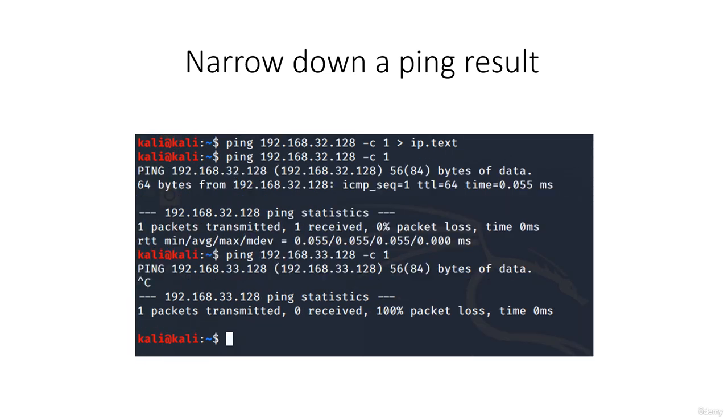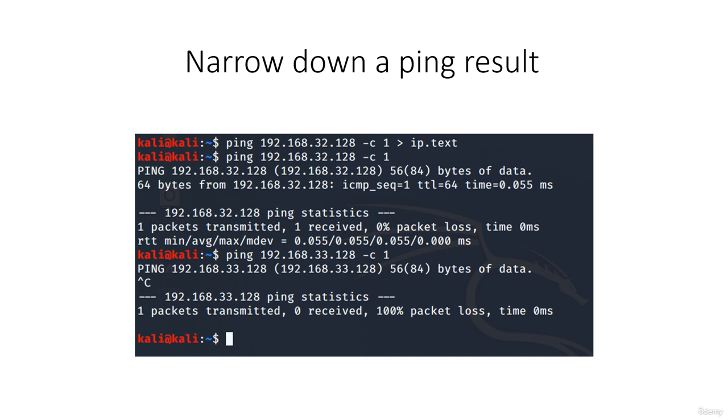Now we want to narrow down the result and decide what we want to extract from here. In this example, I am interested in the returned IP address that has a valid response. If we ping a non-valid IP address, there is no response from the address, and the difference is, as you can see in here.